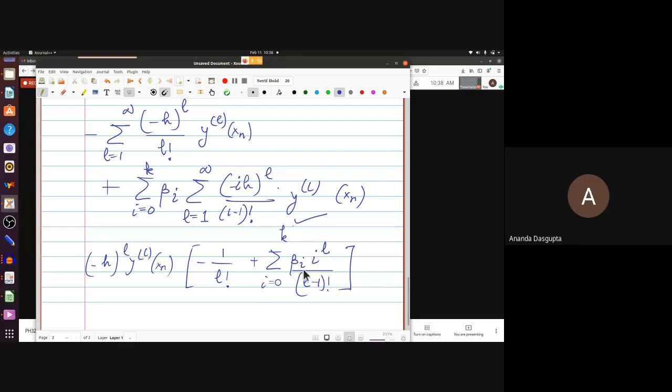Is that okay with everybody? All I've done is just taken minus h to the power L yl common out. This of course summed over all L from 1 to infinity.